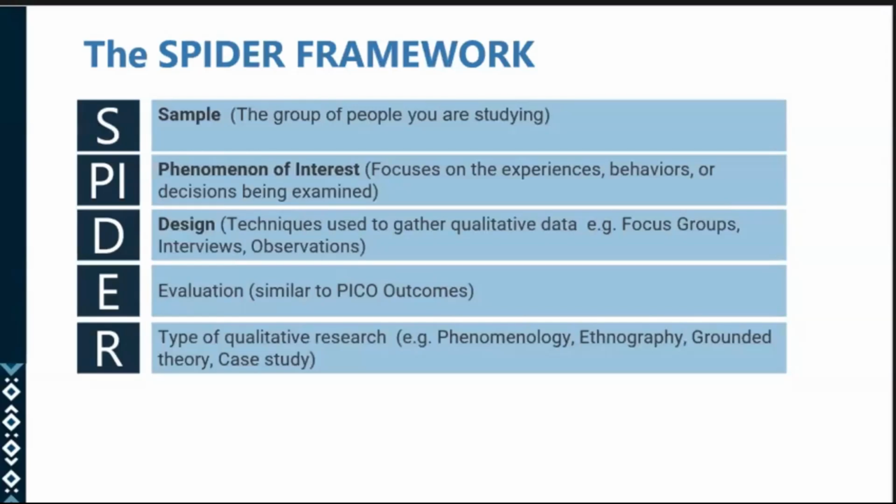But the R here, I said, is a type of qualitative research because now we are talking about our qualitative research study. But R can just be the type of research, so it can either be a quantitative research or a qualitative research. For the purpose of representation, the R stands for the type of qualitative research we are about to conduct.